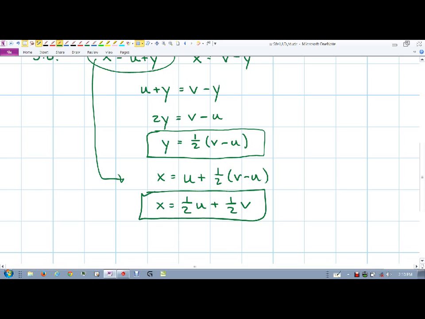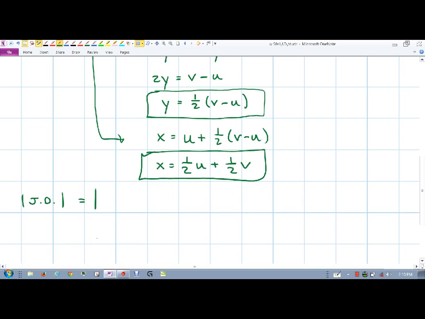Now let's go and get our Jacobian determinant. So the Jacobian determinant, magnitude, is the magnitude of partial x with respect to u, right, that's the first thing we do, which is 1/2, times partial y with respect to v, which is 1/2, minus partial x with respect to v, which is 1/2, times partial y with respect to u, which is negative 1/2.